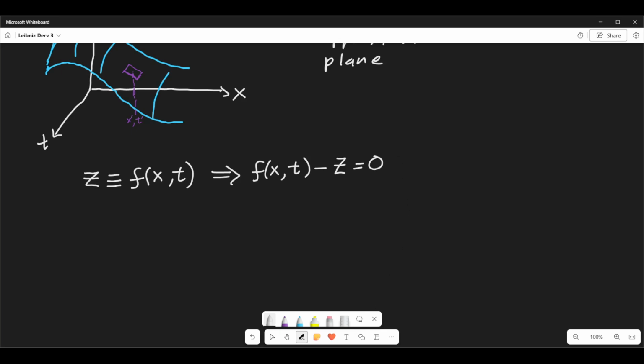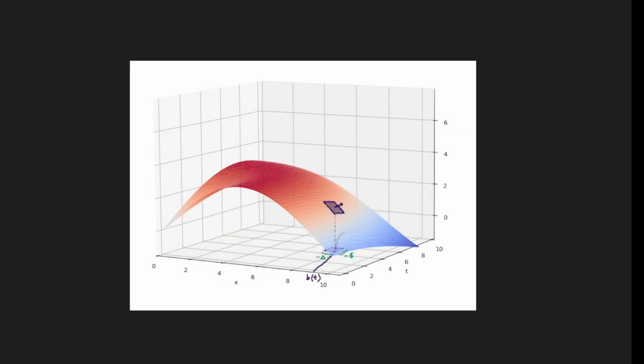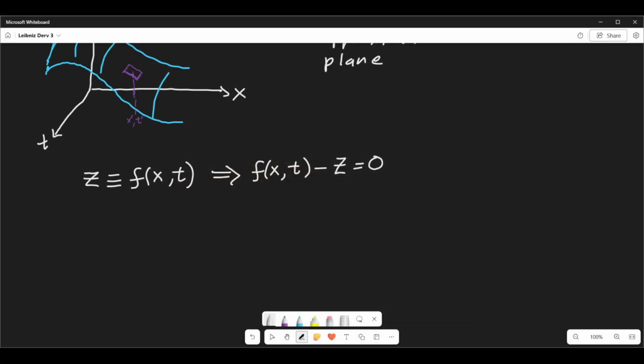So the next idea is to find the normal vector to the plane. So basically we need to know what this normal is that points out away from that point x prime t prime that's in the box. And the normal vector of a function can be essentially derived using its gradient.